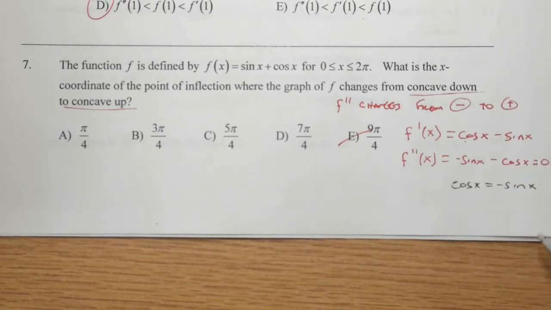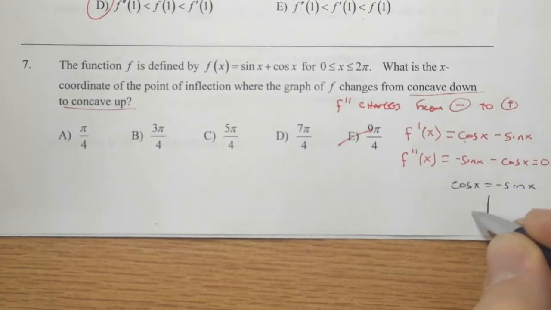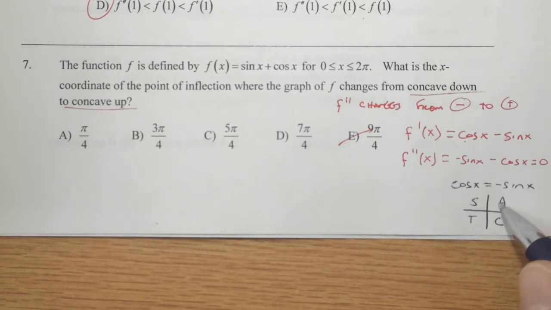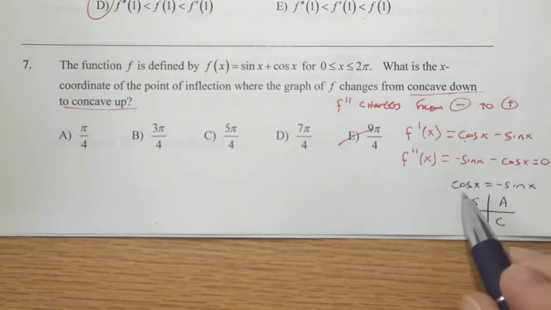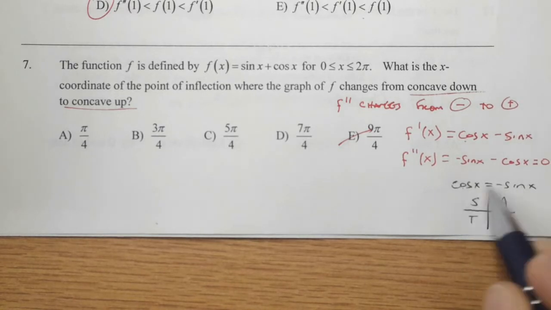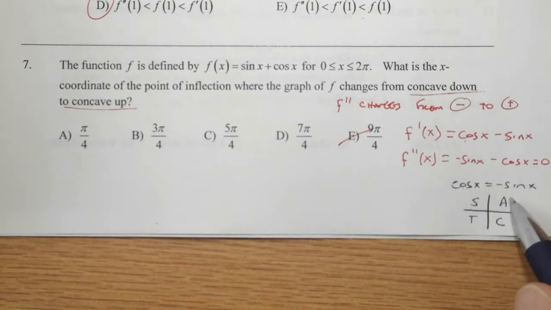Now the reason why I did this is because going back to our trig signs, if you remember your mnemonic of All Seniors Take Calculus, we see that in the first quadrant, between 0 and pi over 2, both sine and cosine are positive, which would not match right here, where we want cosine to be positive and sine to be negative. Or basically, we want them to be opposites of each other. Okay, so that doesn't work here.